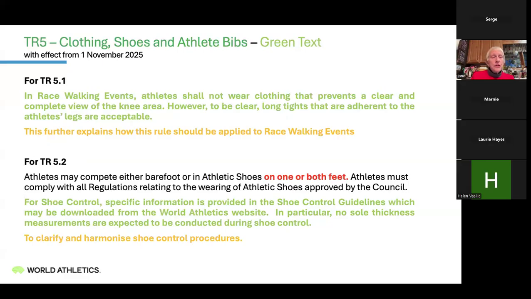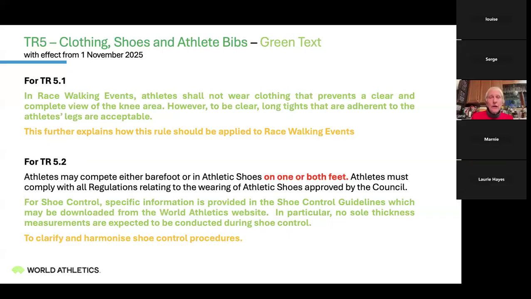Now we're moving on to TR 5.2, which has to do with shoes and whether you wear them on one or both feet. The rule states athletes may compete either barefoot or in athletic shoes on one or both feet. Athletes must comply with all regulations relating to wearing of athletic shoes approved by the council.